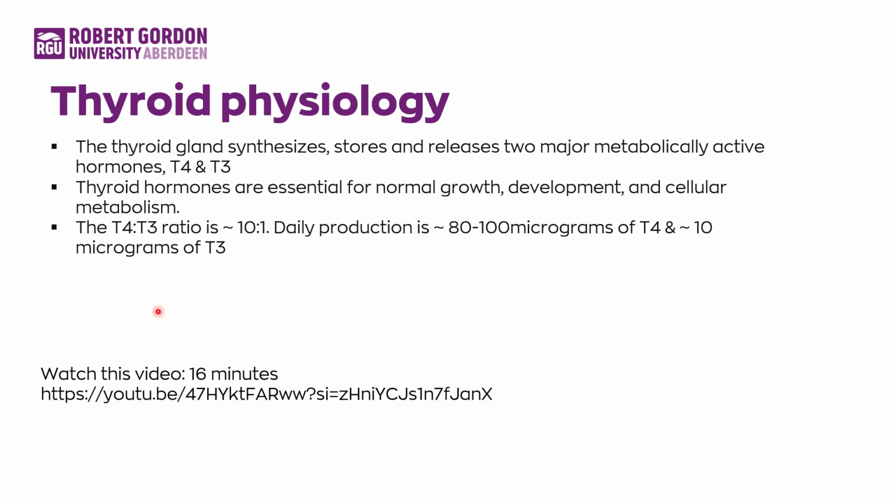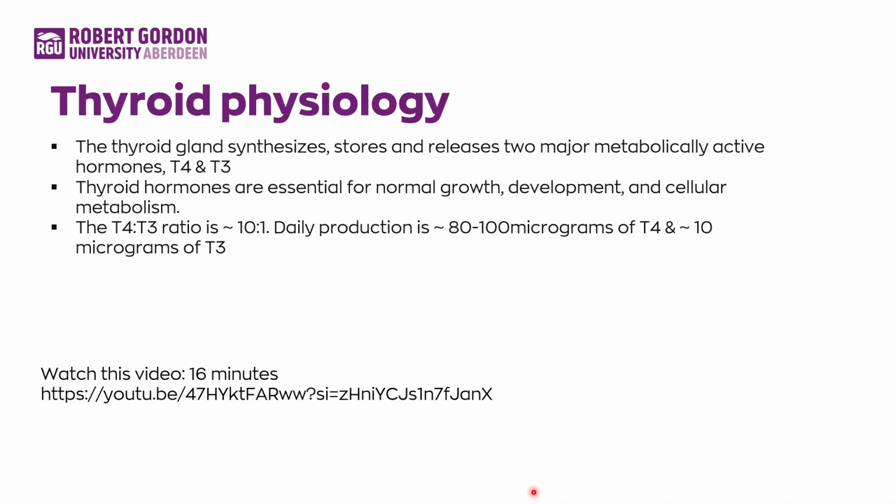The ratio of T4 to T3 is normally around 10 to 1. The daily production is around 80 to 100 micrograms of T4, which is equivalent to around 10 micrograms of T3.